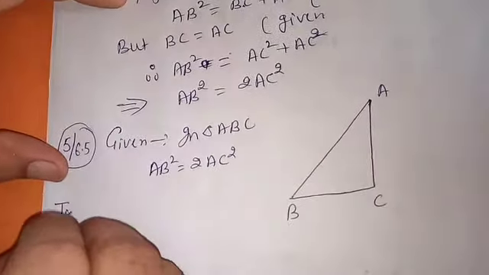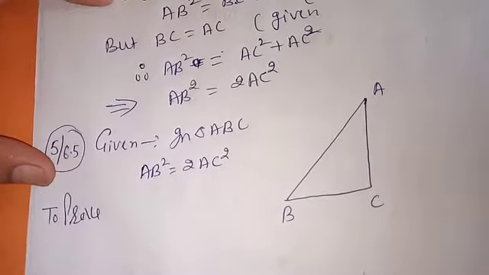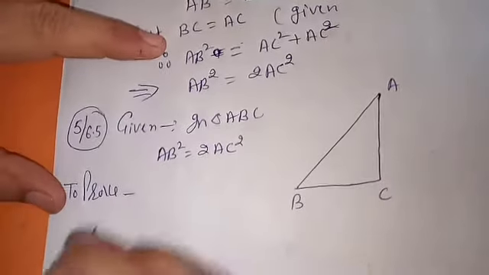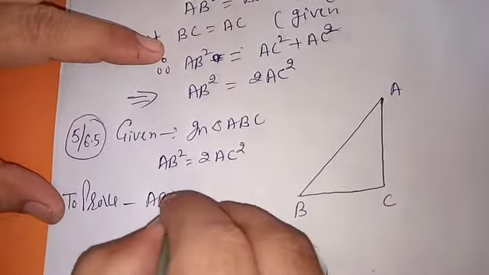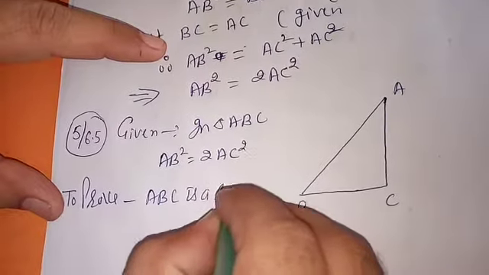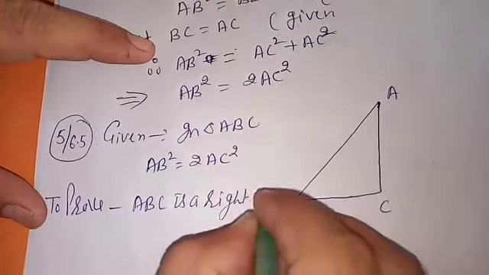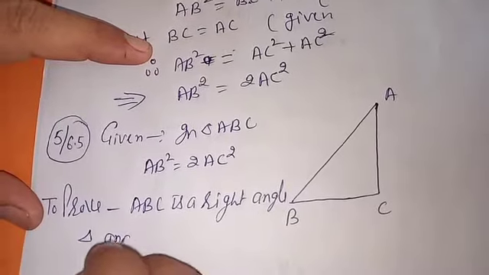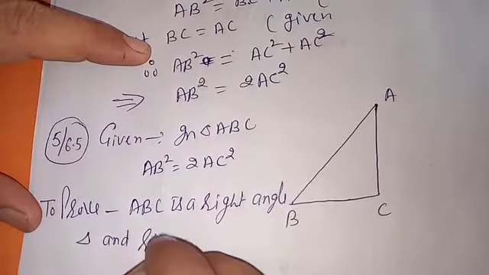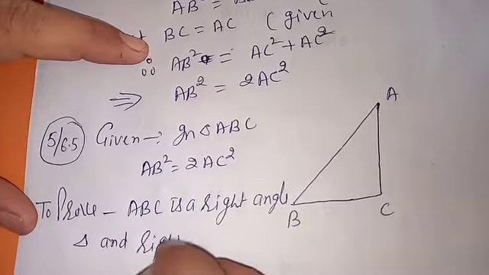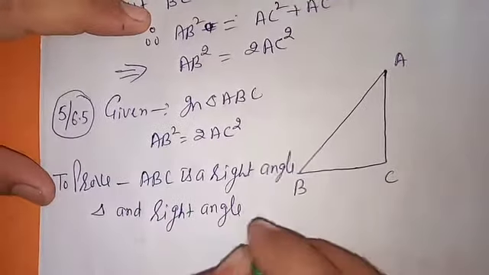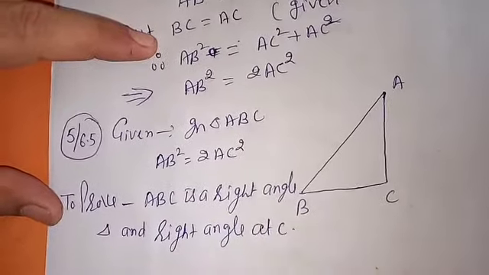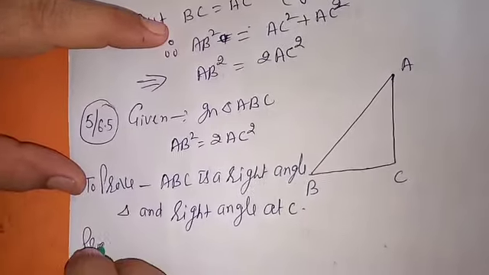To prove, ABC is a right angle triangle and right angle at C.